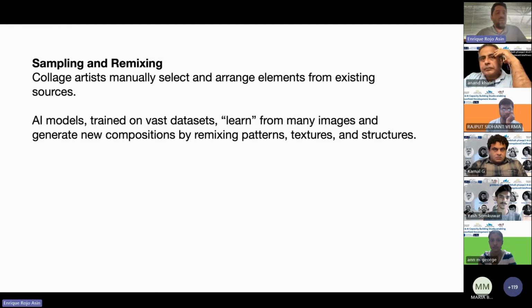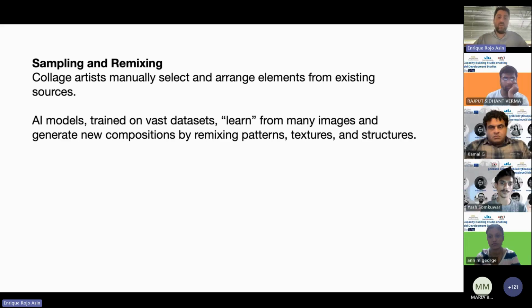In the same case, with sampling and remixing, you select and arrange elements. With AI models also, as they are trained on past data sets, they learn from so many images to generate new compositions. So in the end, you are also taking some elements to create a new whole.